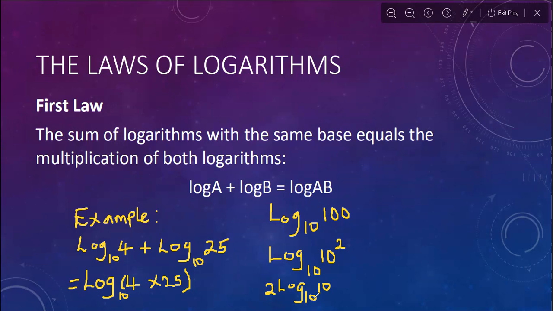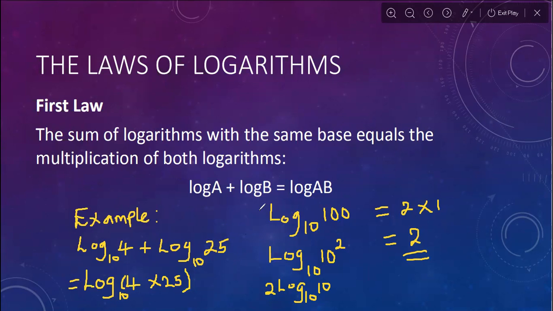Since the logarithm is of 10 and the base is also 10, it's 1. So 2 times 1 is 2. This is how to apply the addition law, as you can see in the example given.